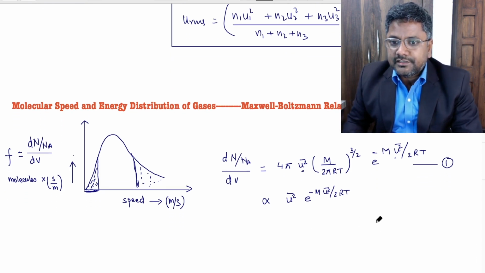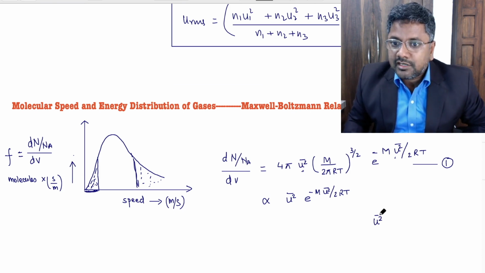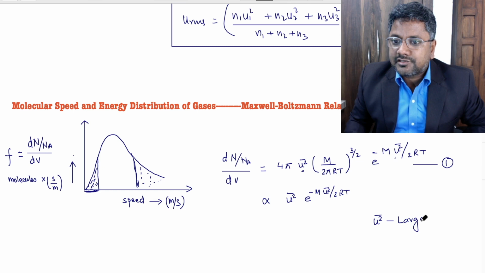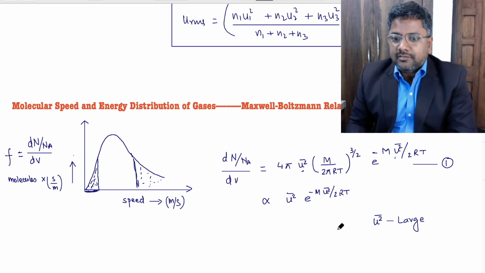Suppose that the value of u square bar is large. If the value of this is large, what will happen?